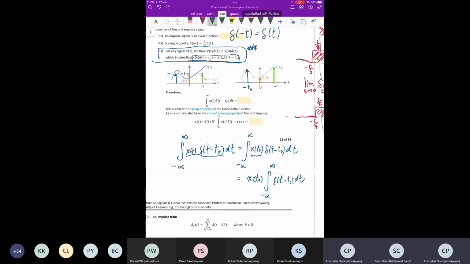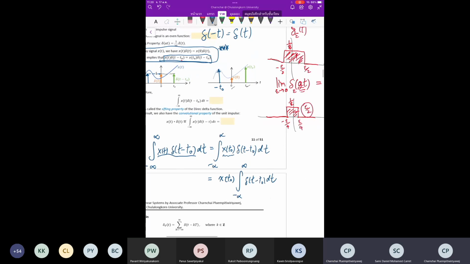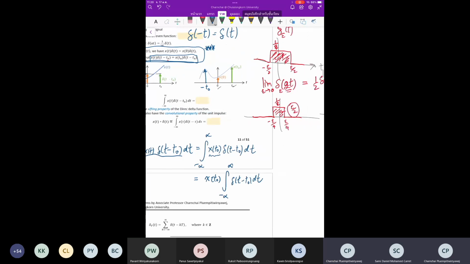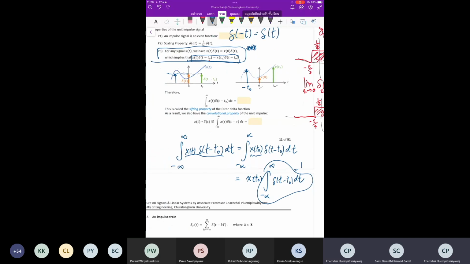But remember, the integral of delta(t) dt from negative infinity to infinity is 1. Therefore, the integral of x(t) times delta(t minus t naught) dt is just x(t naught).